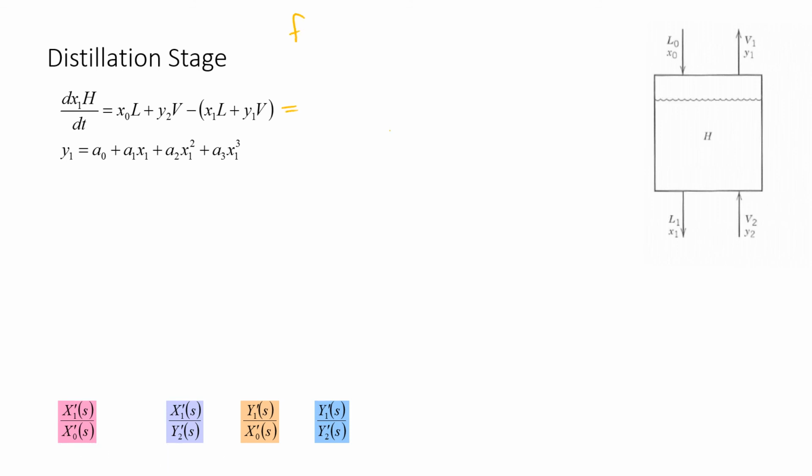Remember, the linearization is f of x and y equals f of x bar and y bar, those are the steady state conditions, plus df dx. I'll plug in x equals x bar, y equals y bar, and then have x minus x bar.